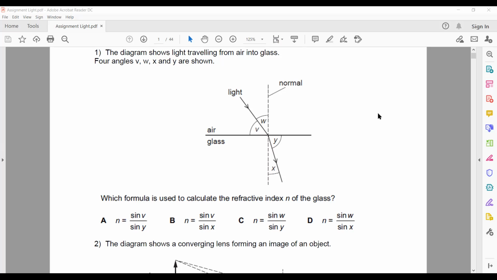It's D, sine W over sine X. Because it's moving from air to glass, this is the angle of incidence and this is the angle of refraction. So the refractive index is equal to sine i, which is W, divided by sine r, which is X.